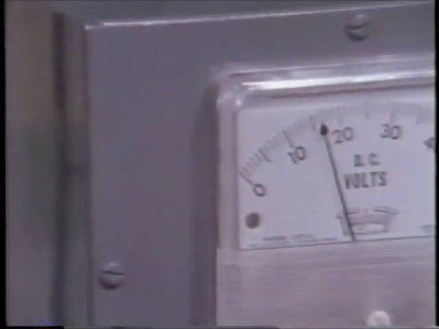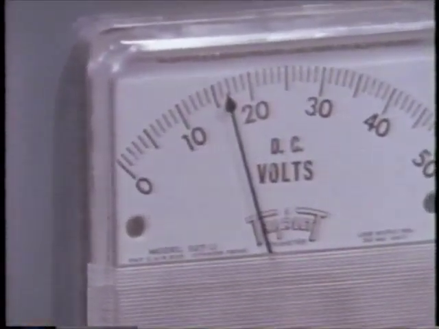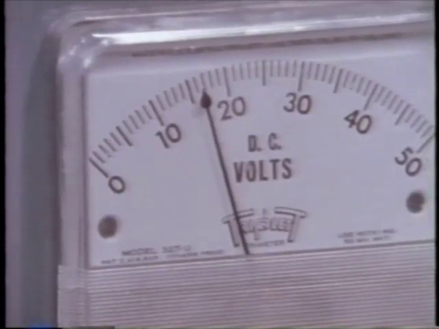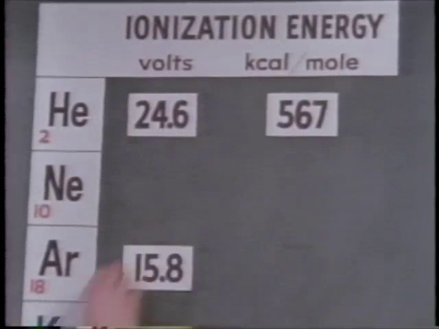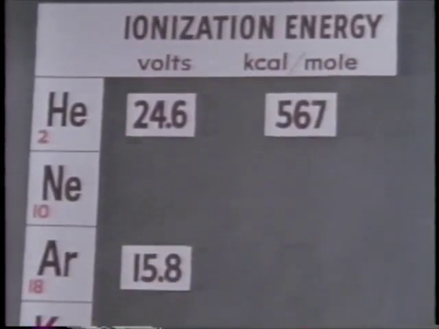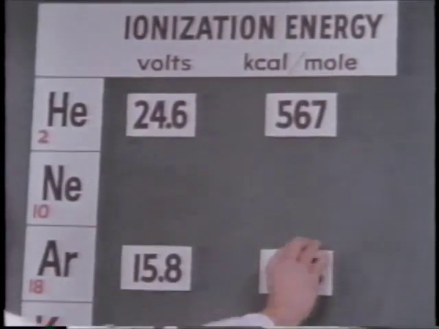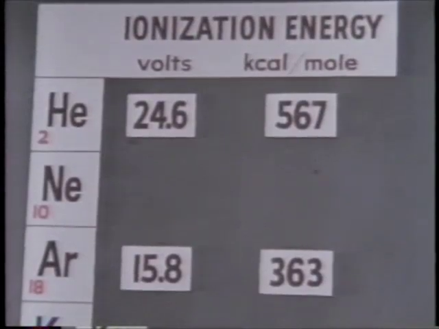Ionization begins. The reading is about 16.5 volts when ionization occurs. The accepted value is 15.8 volts, which corresponds to 363 kilocalories per mole, about 1,500 kilojoules per mole.